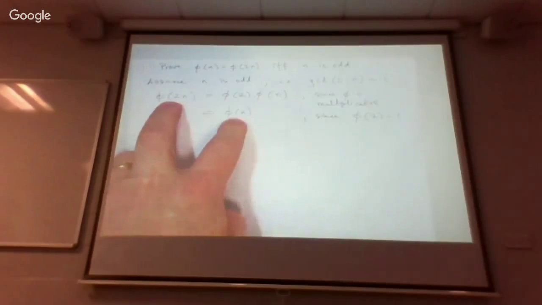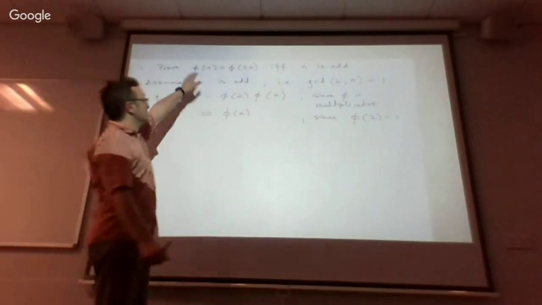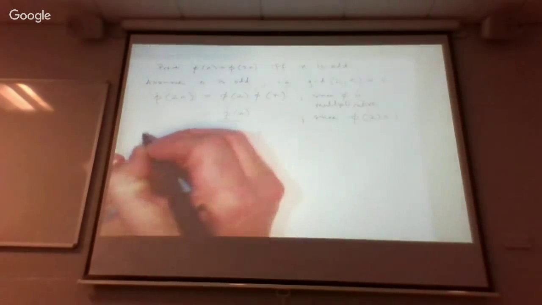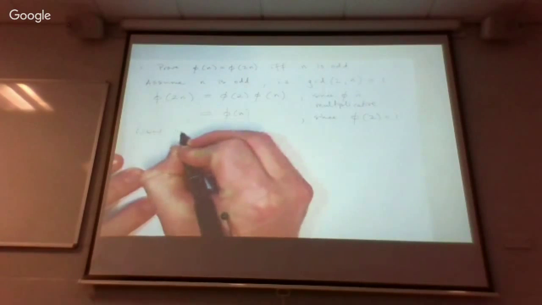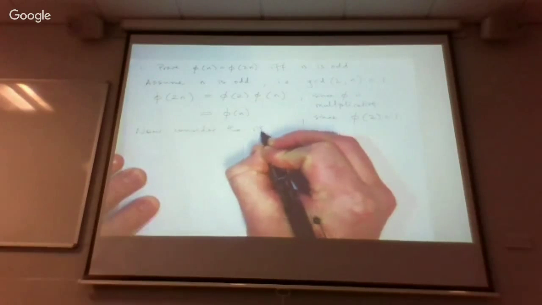So the result is satisfied. When n is odd, you get phi(n) equals phi(2n). That's just one direction of the equivalence, so we should go for the other direction as well. So we'll now consider the other direction.